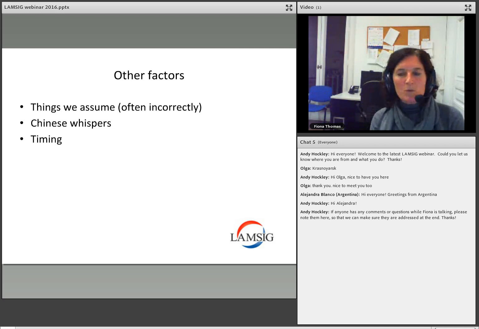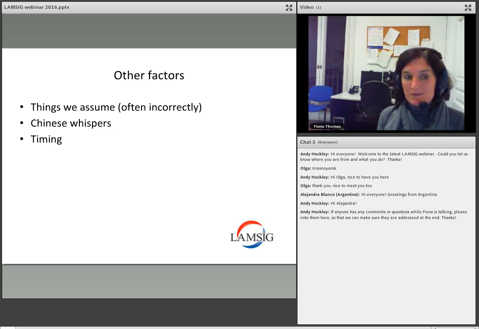And of course, the more middle people there are, the more likely it is that the message about what they're going to be receiving in terms of the service, the teachers, the classes, etc., will become distorted.